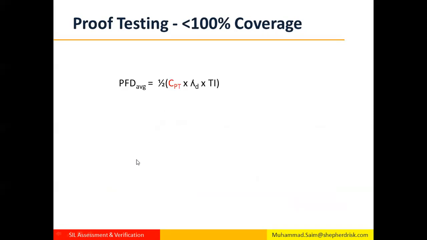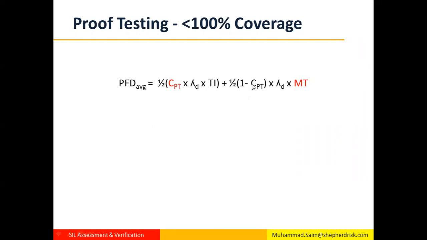So to take care of the effect of non-perfect proof tests, we have to add a factor of proof test effectiveness in our average PFD formula: CPT times lambda D times test interval, plus all the undetected failures accumulated over the mission time.